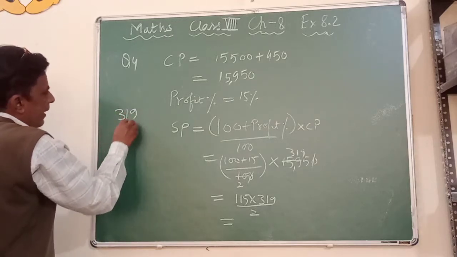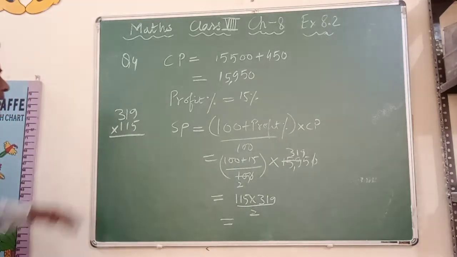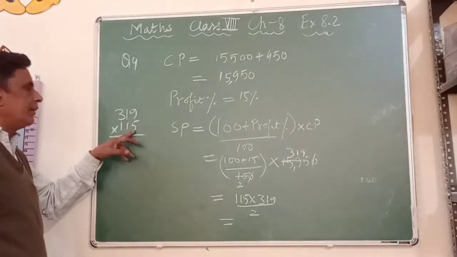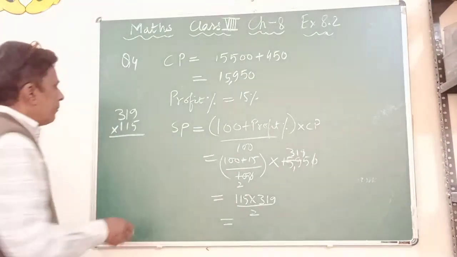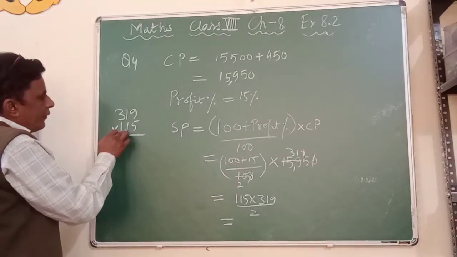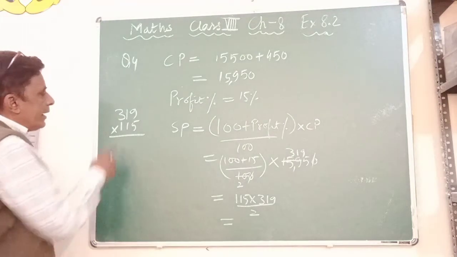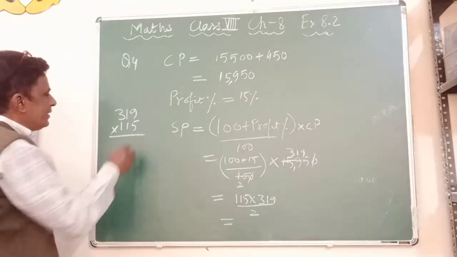We are multiplying 319 by 115. Why have I placed 115 in the second line? Because when we multiply, we have to multiply by 1, that is one advantage, and it is repeated. Two lines will be the same. It will be a lot easier.